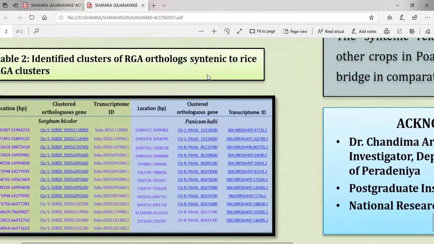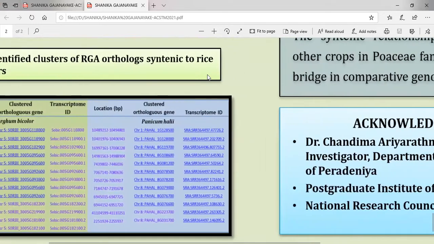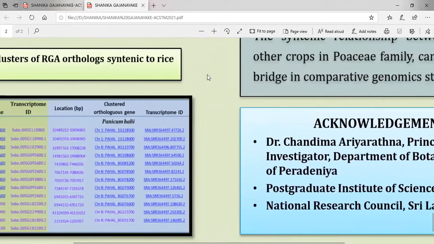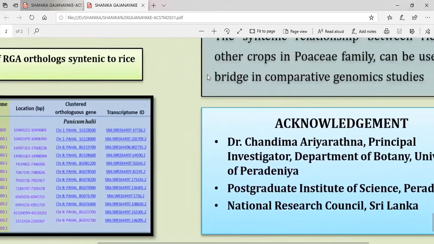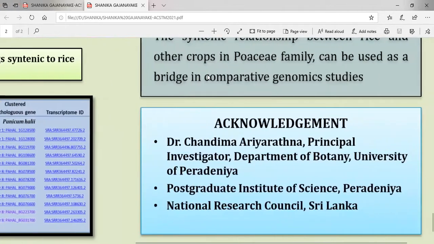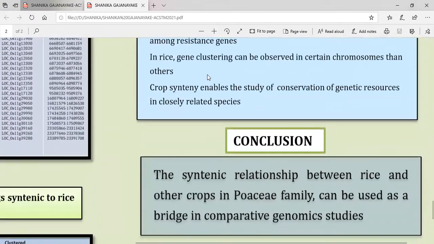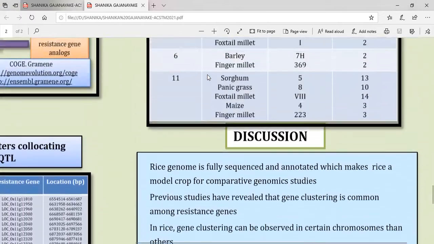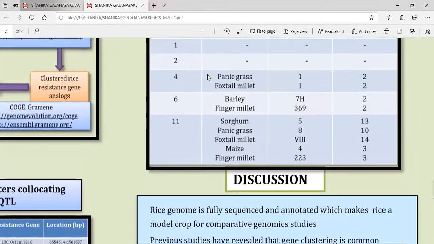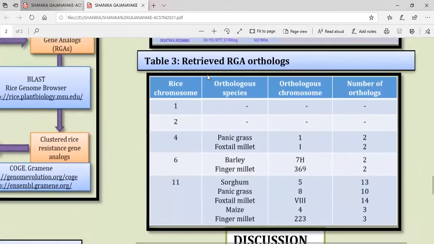The highest number of RGA orthologous clusters were identified in foxtail millet and sorghum for rice chromosome 11, syntenic to rice chromosome 11. Panic grass also retrieved a considerable number of R genes syntenic to rice chromosome 11.